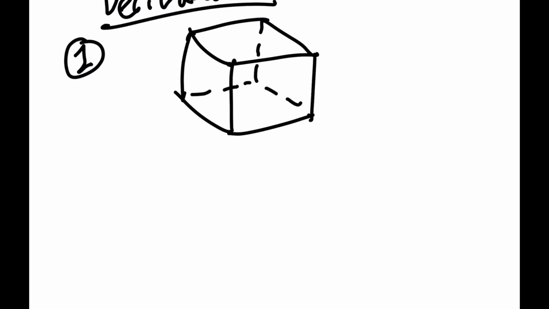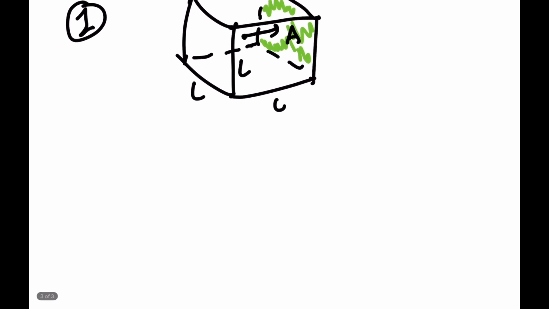Like that. And say we have a particle in this box, and it has a velocity this way, and it hits this wall, this one over here, which has an area A, and the dimensions of this box are L, L, L. So yeah, we have an L by L by L box, and we just imagine this.